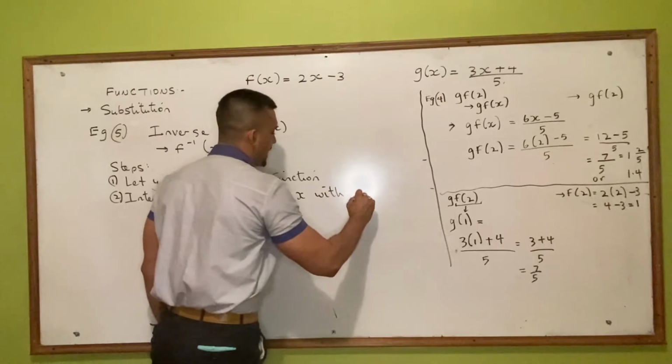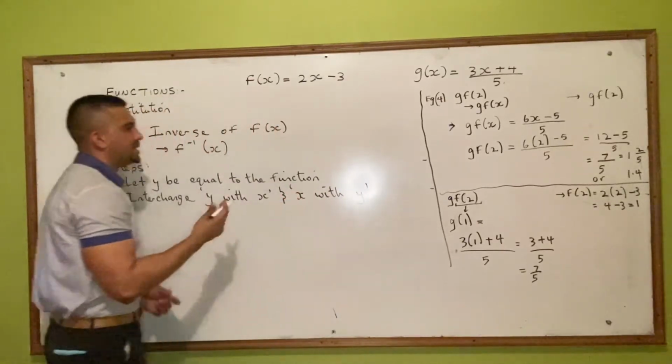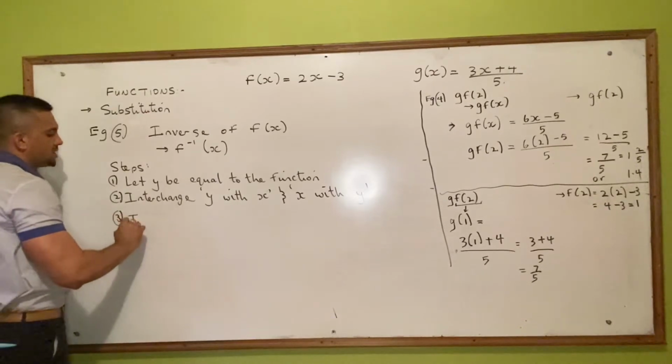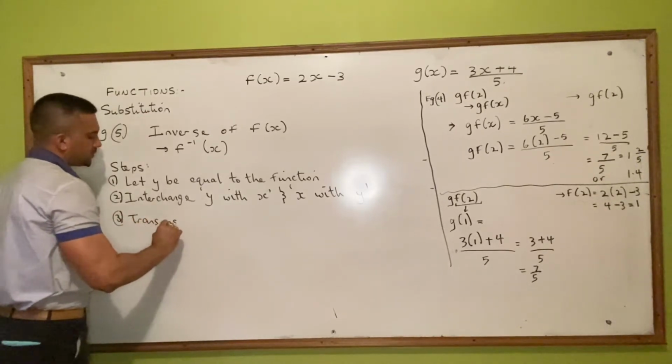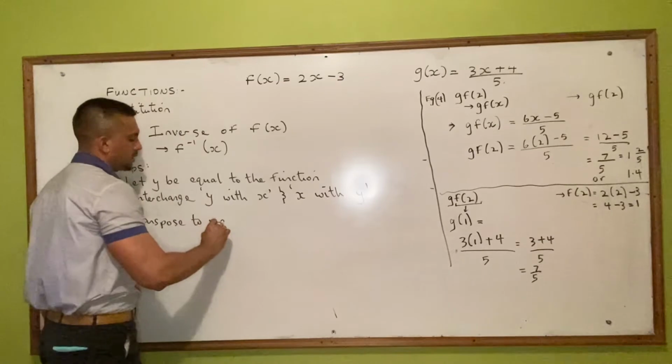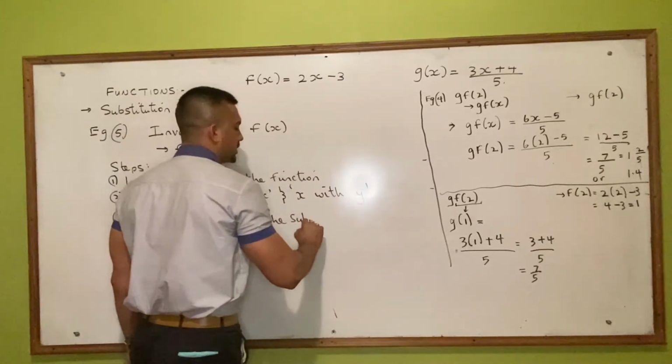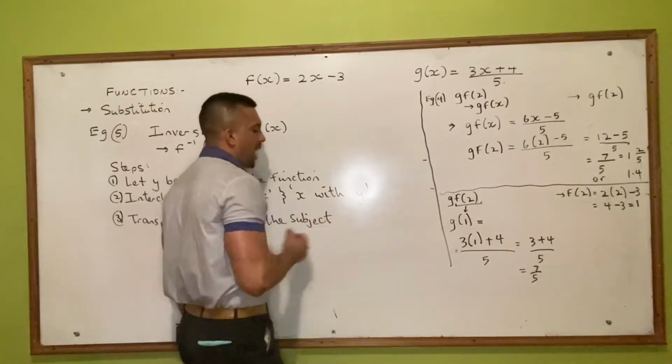What this means is that anywhere you see y, you put x, and anywhere you see x, you put y. That is what interchange means. And the last step, you transpose to make y the subject of the equation. Subject of the equation means that you want y alone on one side.